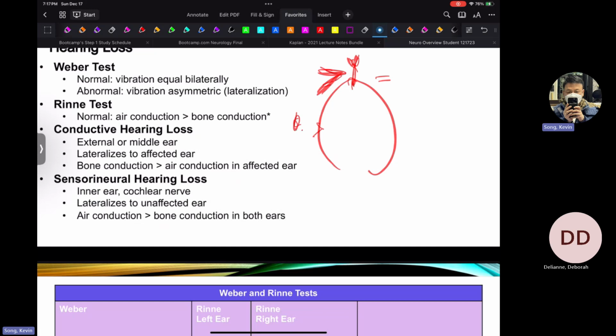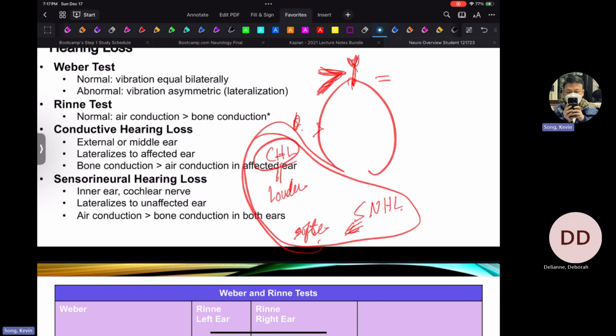If it's a conductive hearing loss and this is the problem side, then it's louder. If it's a sensory neural hearing loss, then this will be softer. Something you need to know.